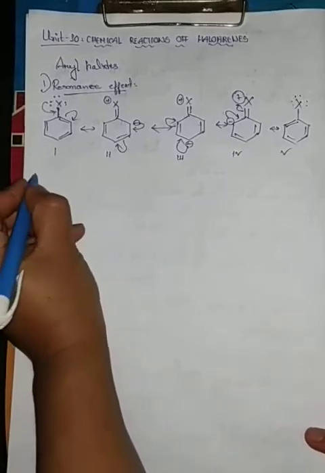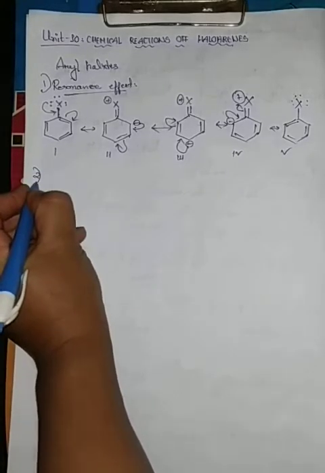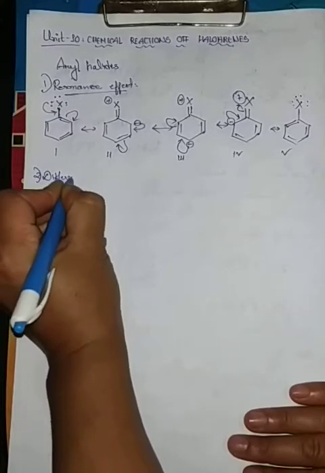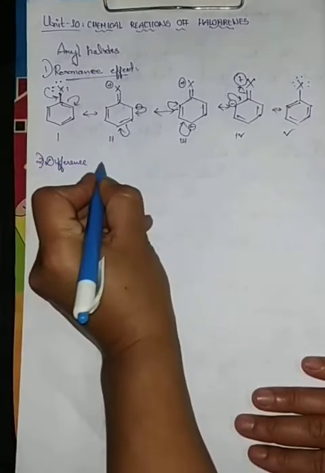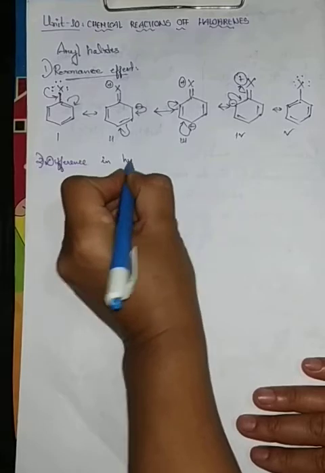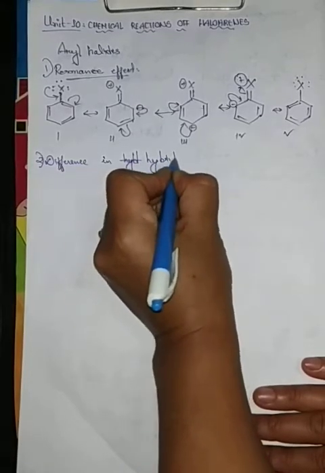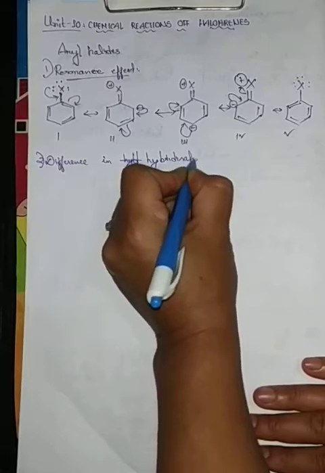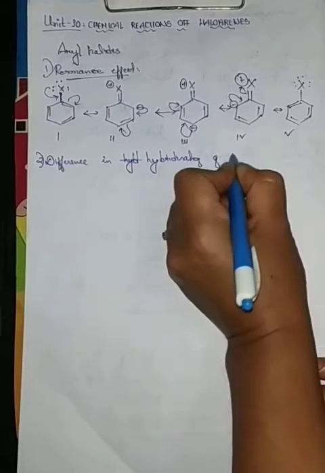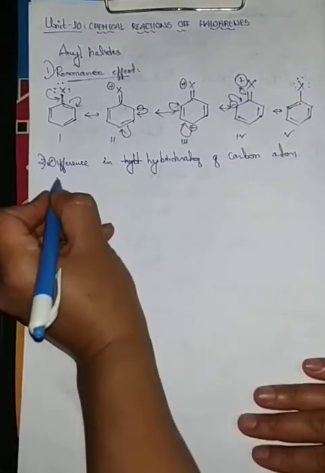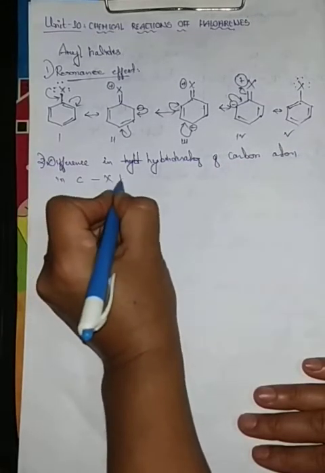Now the second condition is because of the difference in hybridization of the carbon atom in the carbon to halogen bond.